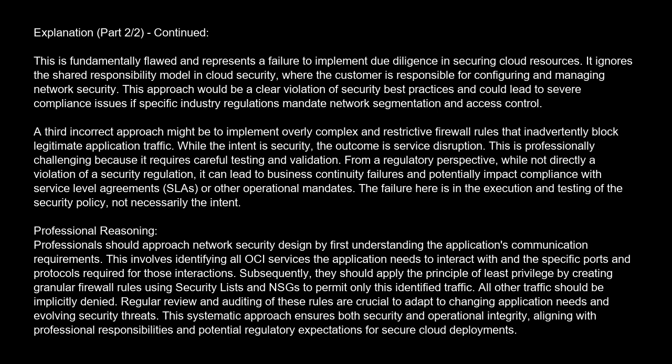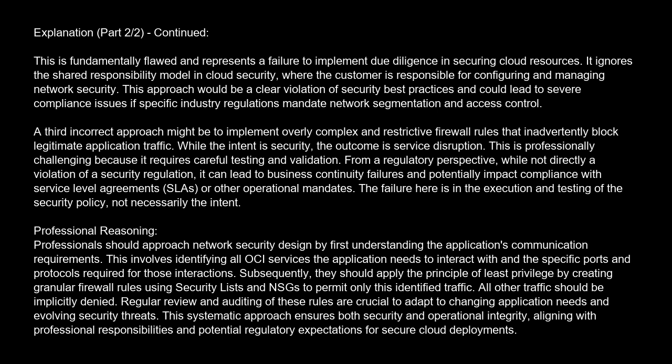Professional reasoning. Professionals should approach network security design by first understanding the application's communication requirements. This involves identifying all OCI services the application needs to interact with and the specific ports and protocols required for those interactions. Subsequently, they should apply the principle of least privilege by creating granular firewall rules using security lists and NSGs to permit only this identified traffic.